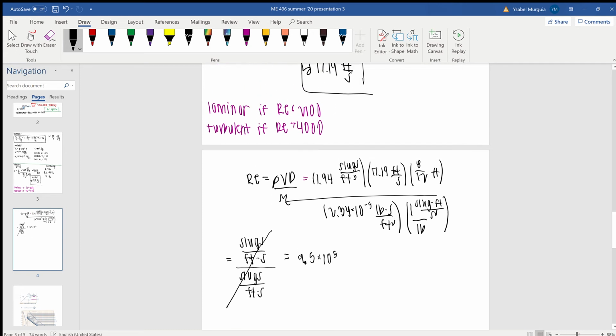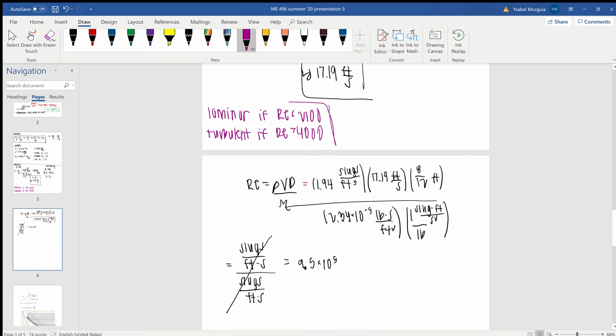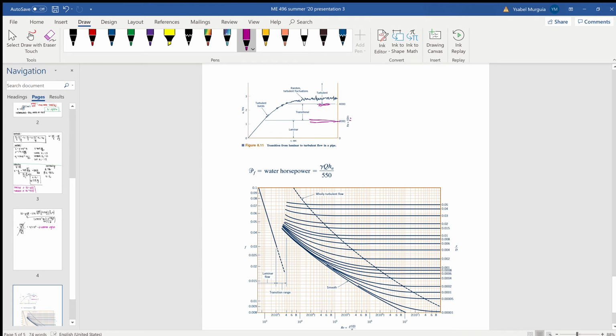And referencing these notes here, Reynolds number is very well over 4000, which means that the flow is in fact turbulent. So when I reference the turbulent region on this graph, my flow is going to be somewhere from here to wherever 9.5 times 10 to the 5th is.